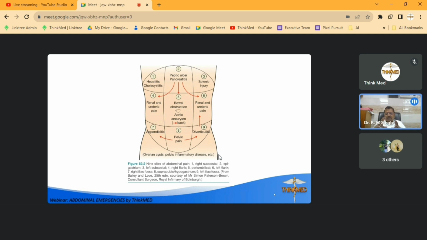So whenever there is pain in any of the parts, you must first know what the underneath organs are, because the pain will mostly originate from the underlying organ. That means the etiology will be in the underlying organ. So if you know what the underlying organs are, then it will be easy for you to evaluate what can be the cause of this.